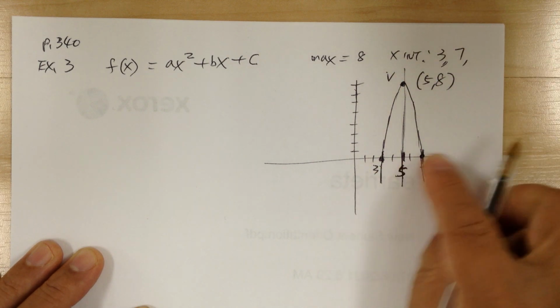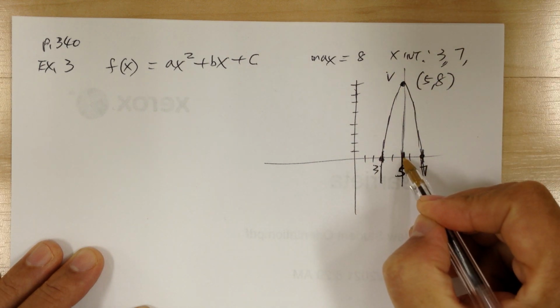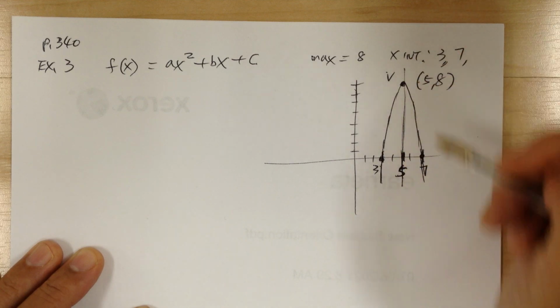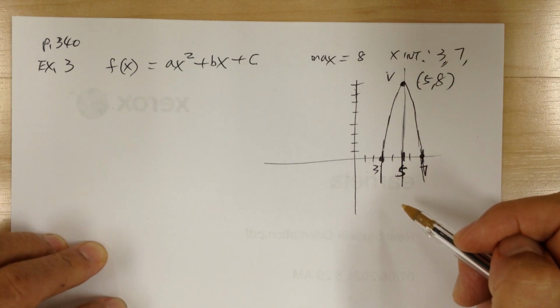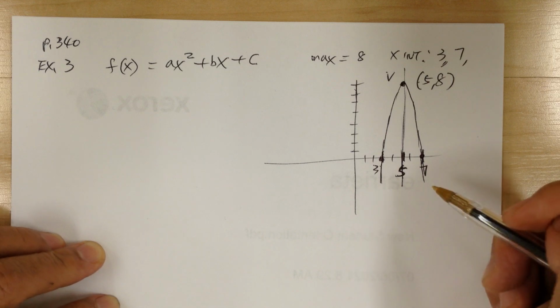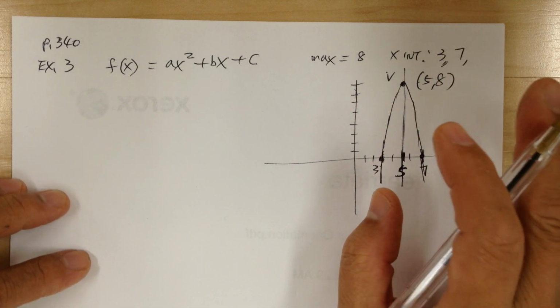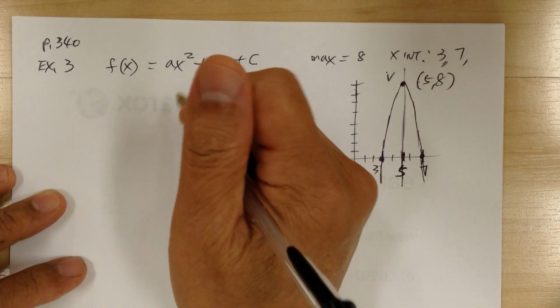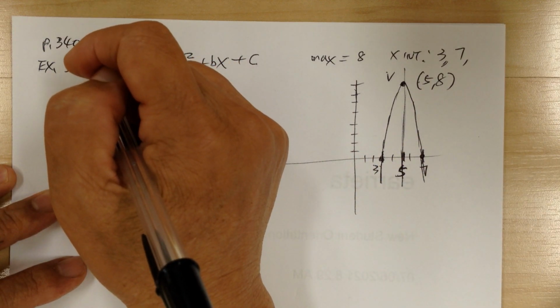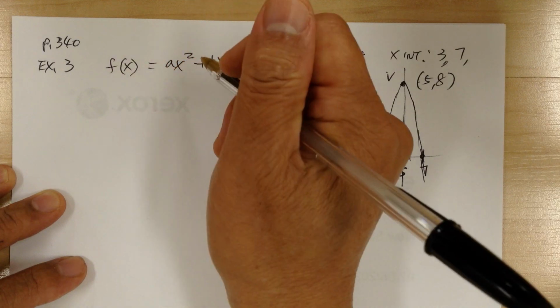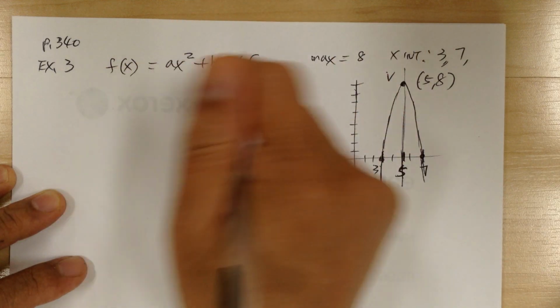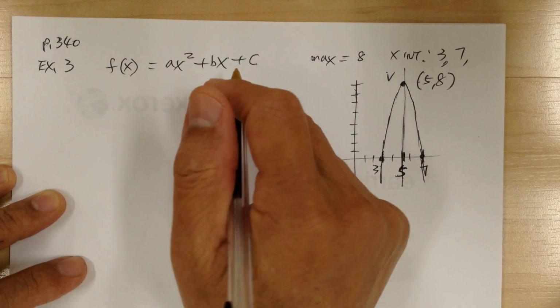So again, from the intercepts you can find the middle, the axis, and from the axis you can find the vertex. That's the things we can get right away. But before you do anything else, let's divide everything by a first.